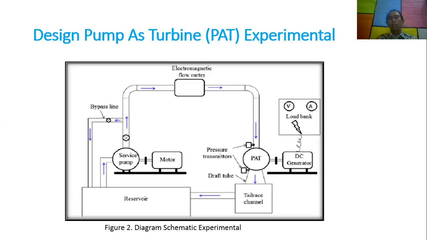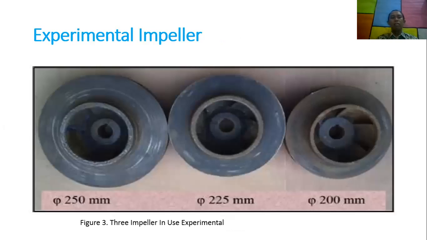So that makes the microhydro power plant, very simple. And this is the experimental impeller, there are 3: number 1 blade, 2, and number 3.